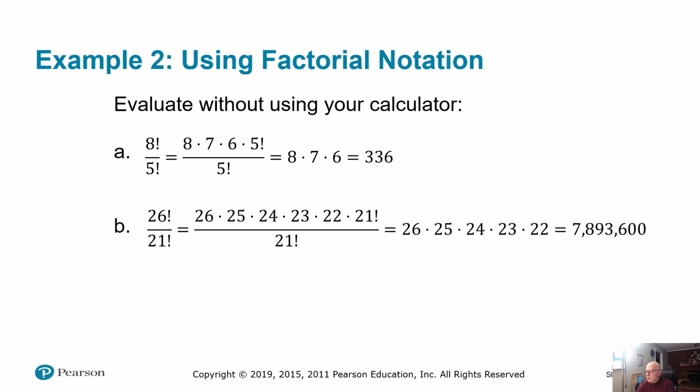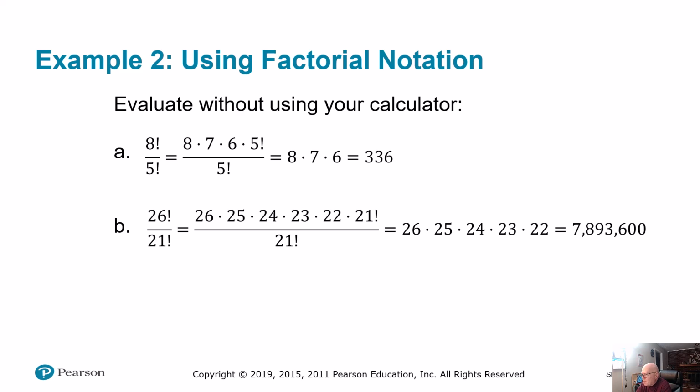Now, look at the second one, 26 factorial. And if you give that a second thought, you think, oh my gosh, I hope I never have to do that. 26 times 25 times 24 times 23, all the way down until you get to 1. That would be really terrible. On the bottom, we've got 21 factorial.